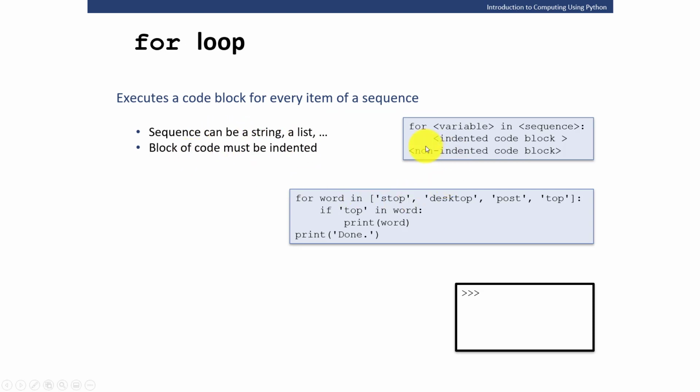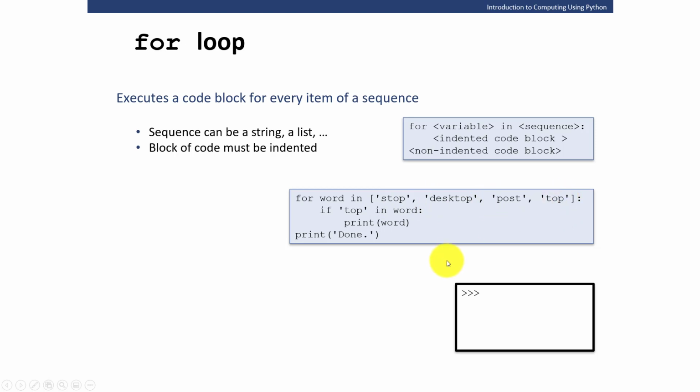So look at this. For word in this list, if top in word, I can combine both if and for to print whatever words I want to print from that list. So look at this: I'm going to print stop, I'm going to print desktop, I'm not going to print post, and then I'm going to print top.